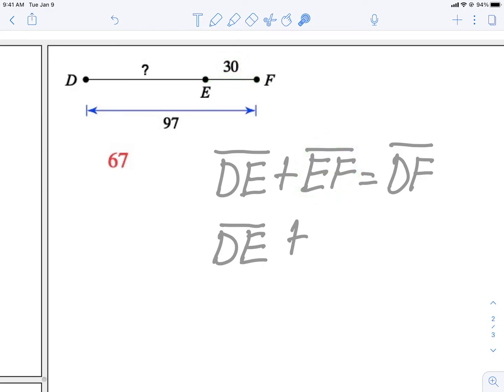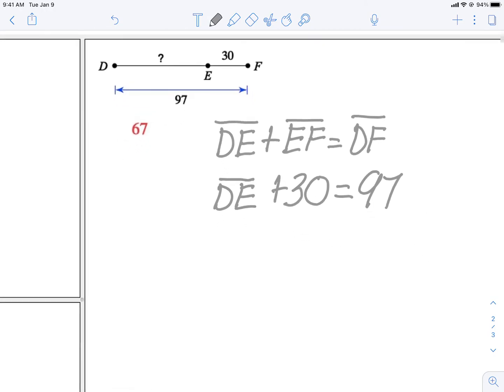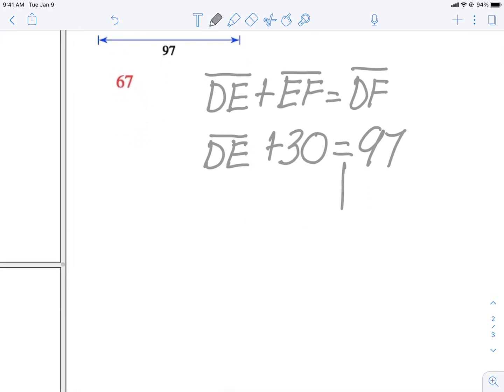So I'm going to put in 30. I'm going to substitute 30 is equal to D to F. D all the way over to F is 97. So I know D to F is 97, right?